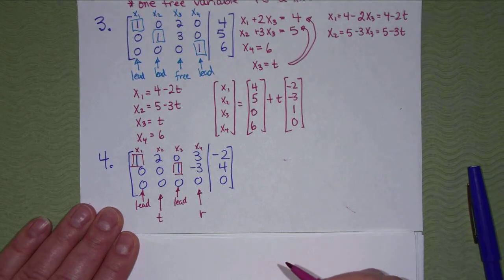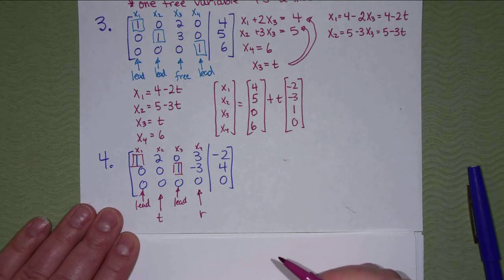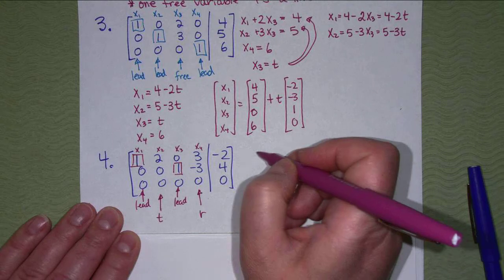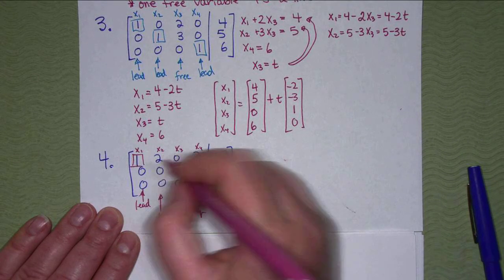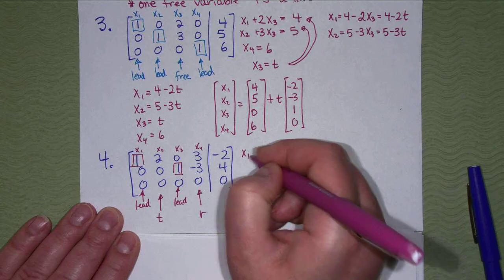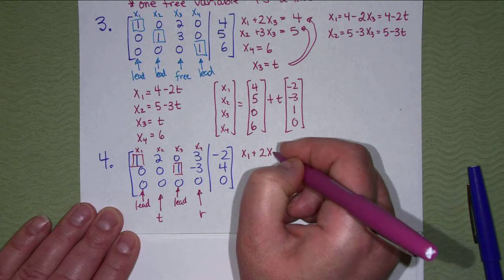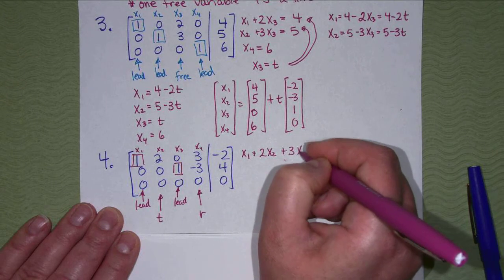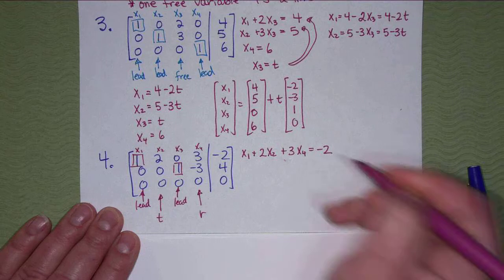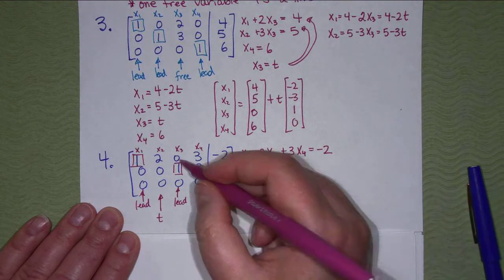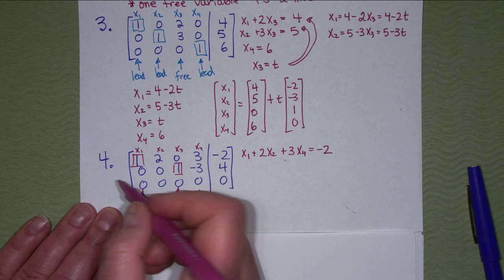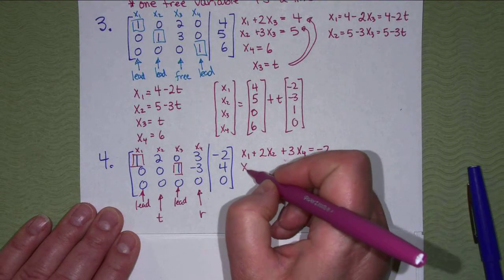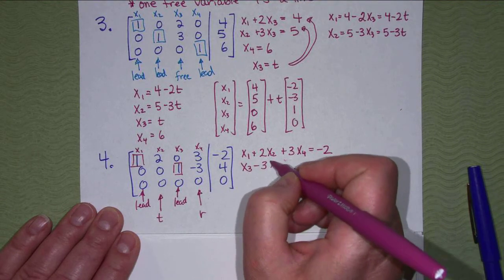So we have, if we take this out, we would have x1 plus 2x2 plus 3x4 equals negative 2. I think the x3 is missing. And our second row, x3 minus 3x4 equals 4. And the third row gives us nothing.